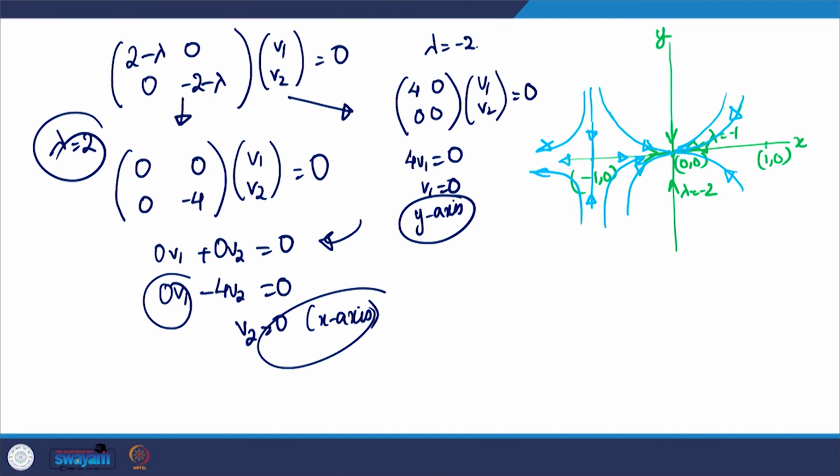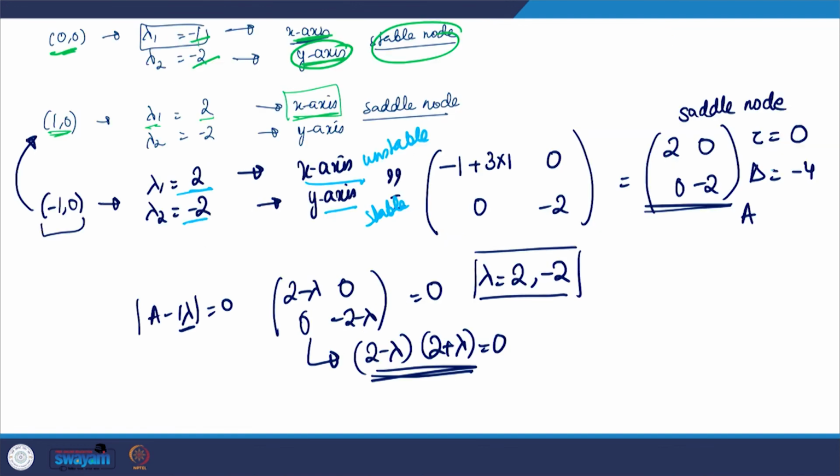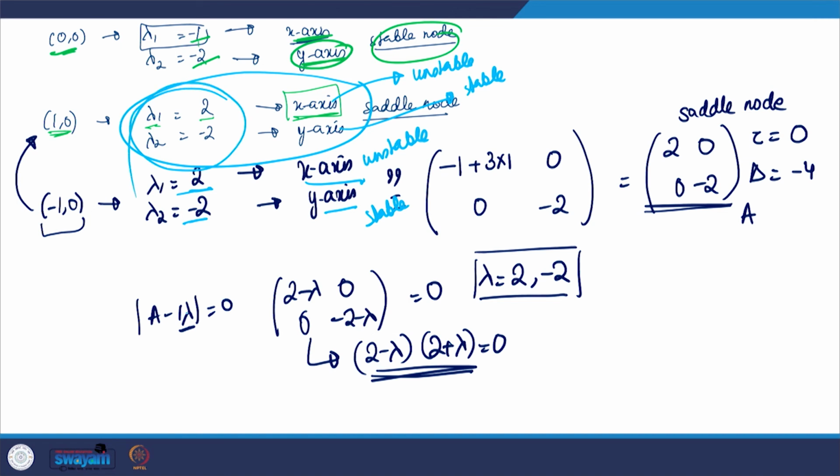Now let's draw our flow lines around 1, 0. If you look at 1, 0, quite similar behavior. The unstable axis is the x-axis eigenvector, and the eigenvector which is coincident with the y-axis is the stable one. How do I know unstable and stable eigenvectors? It's by looking at the value of the eigenvalue.